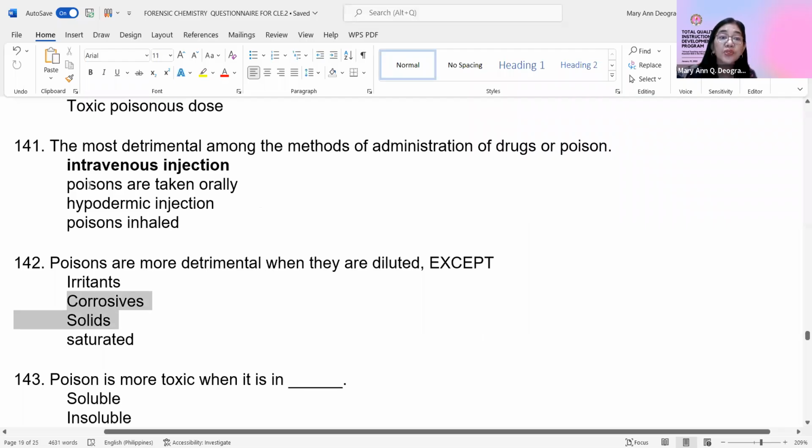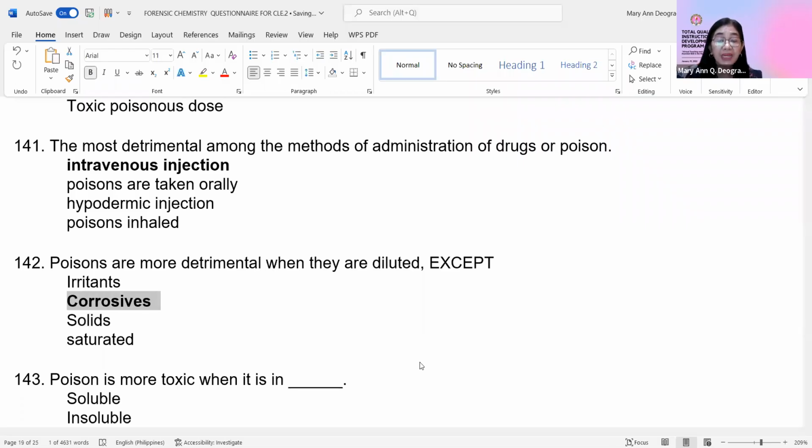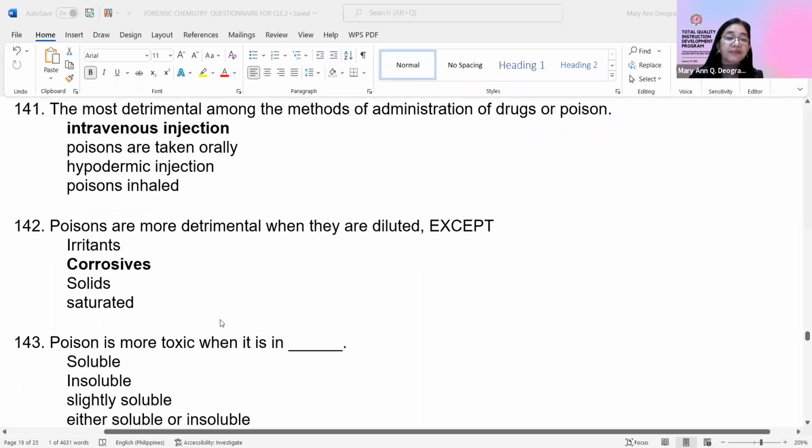What happens? Umuusok siya, no? So, ang mga poisons, mas delikado yan pagka malabnaw. Pero ang corrosive poisons like yung liquid sosa, that's alkali, and then hydrochloric acid, yung muriatic acid natin, mas delikado yan pag purong-puro. So, corrosive ang tawag sa kanila.